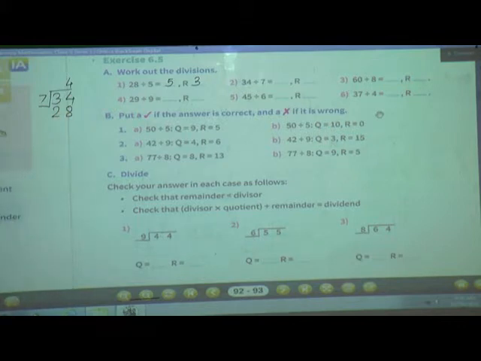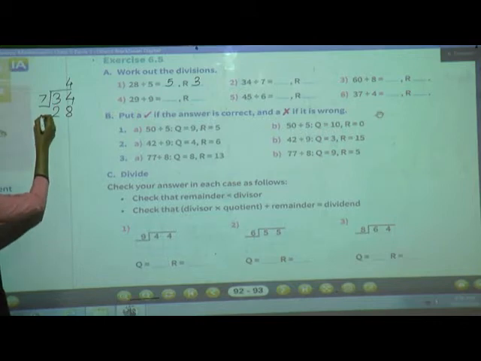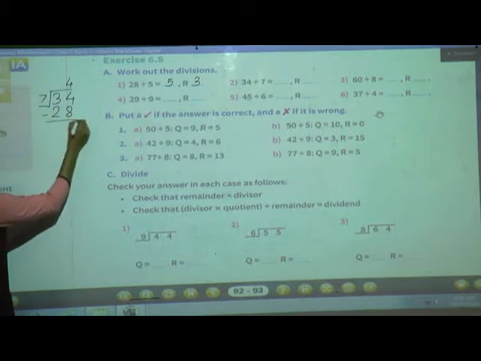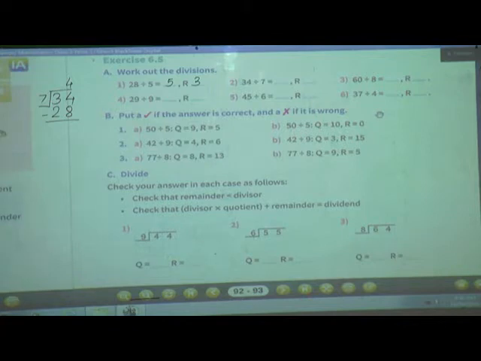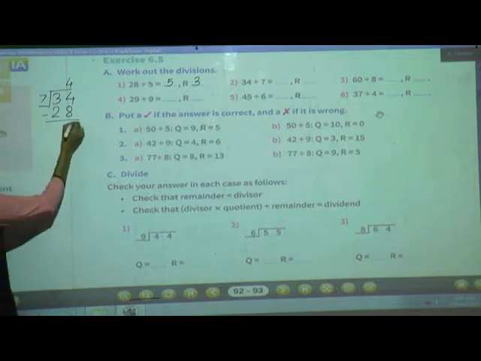Now in the next step what we have to do? We have to do the subtraction. 34 minus 28. Count your fingers after 28 till 34. Yes, 29, 30, 31, 32, 33, 34. How many are remaining? 6 are remaining. So what is the quotient?